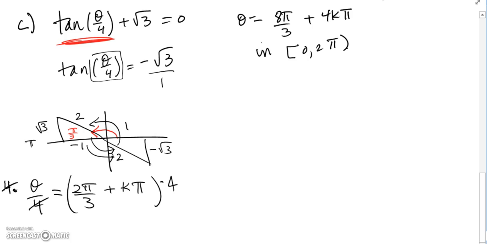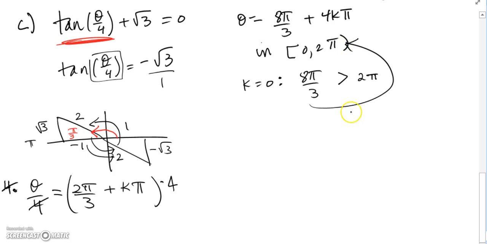Even if I let k be equal to 0, I get 8 pi over 3, which is already bigger than 6 pi over 3, which is 2 pi. So this is already outside of what I'm looking for.